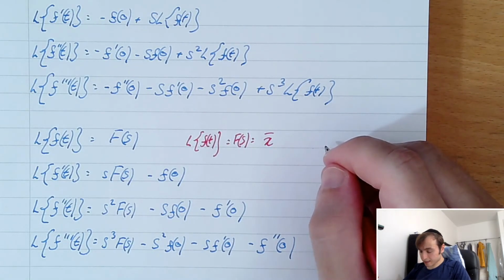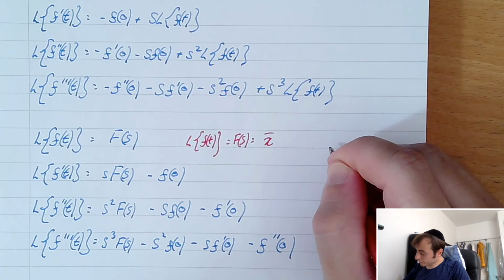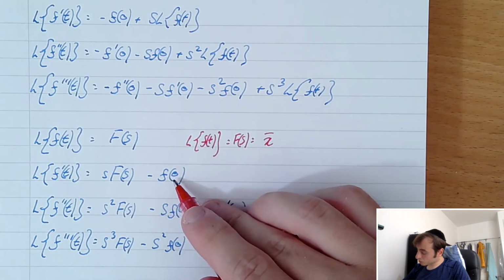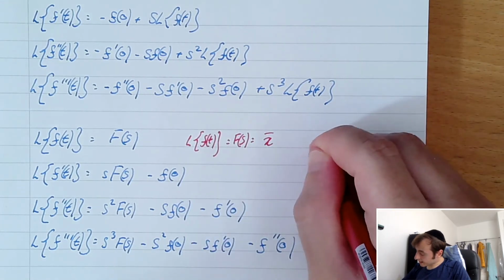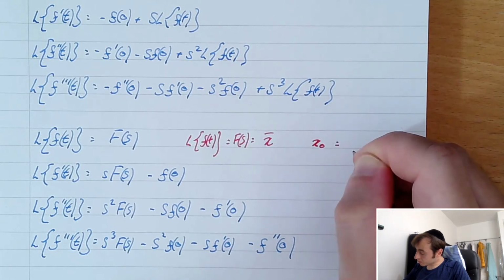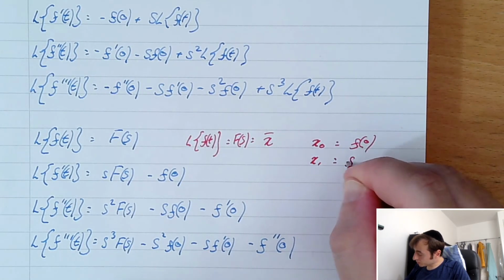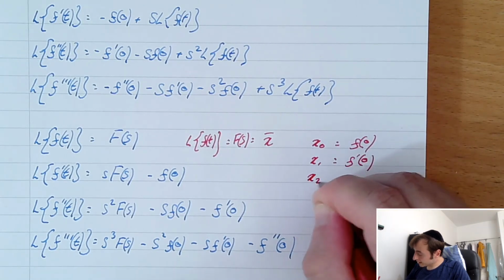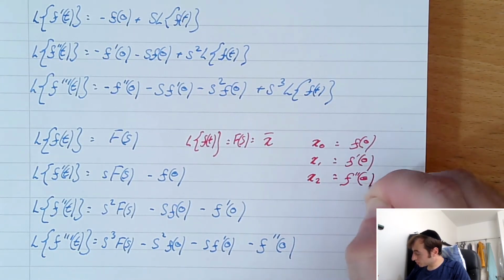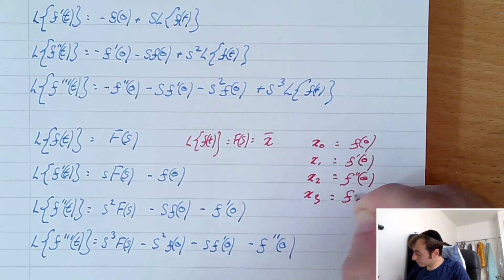If we do this, f of naught as, say, x naught equals f of naught, and x1 equals f prime naught, and x2 equals f double prime naught, and x3 equals f triple prime naught.